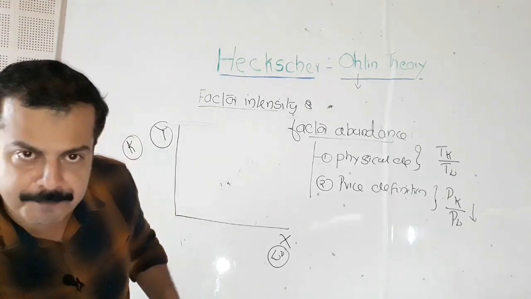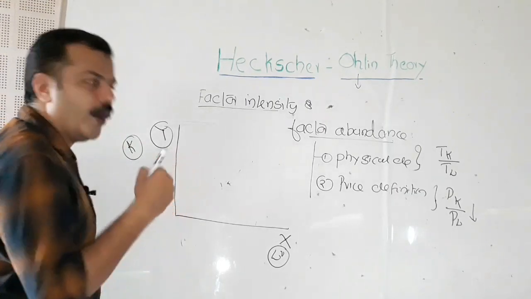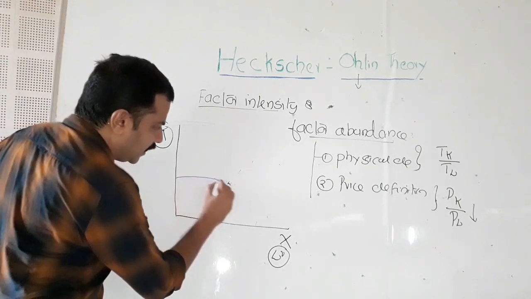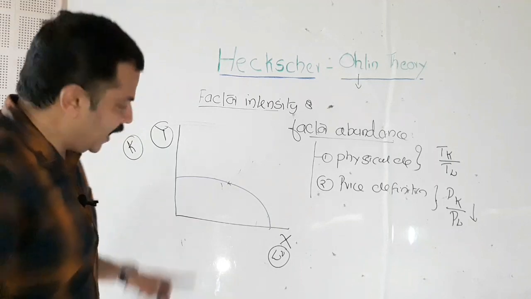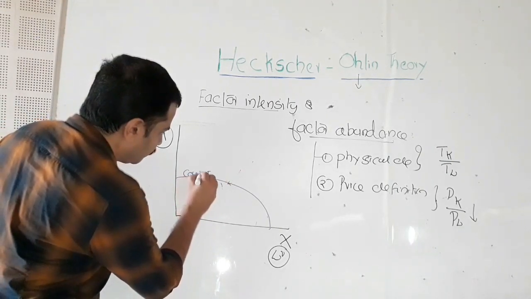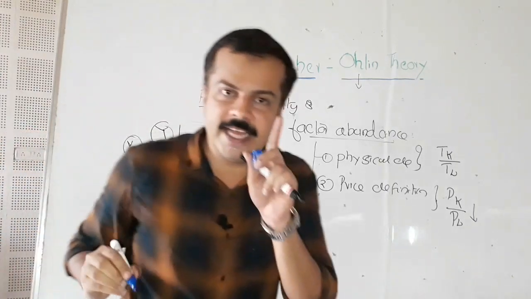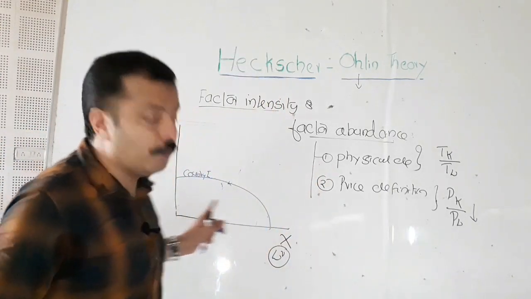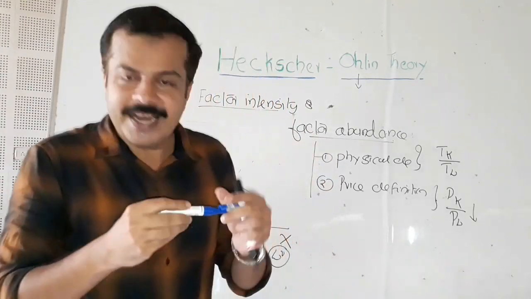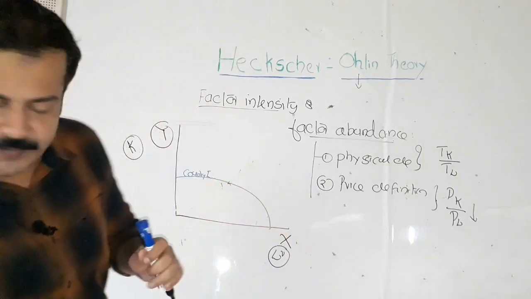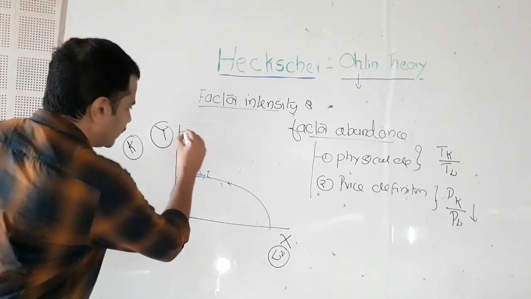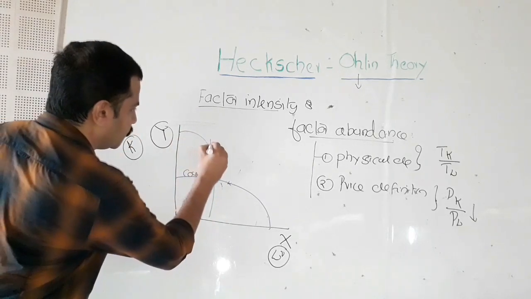Then the production possibility curve of country 1 will look something like this. Why? Because country 1 is a labor abundant country and can produce more of commodity X, because commodity X is a labor intensive good. Similarly, the production possibility curve of country 2 will look something like this. This will be that of country 2.